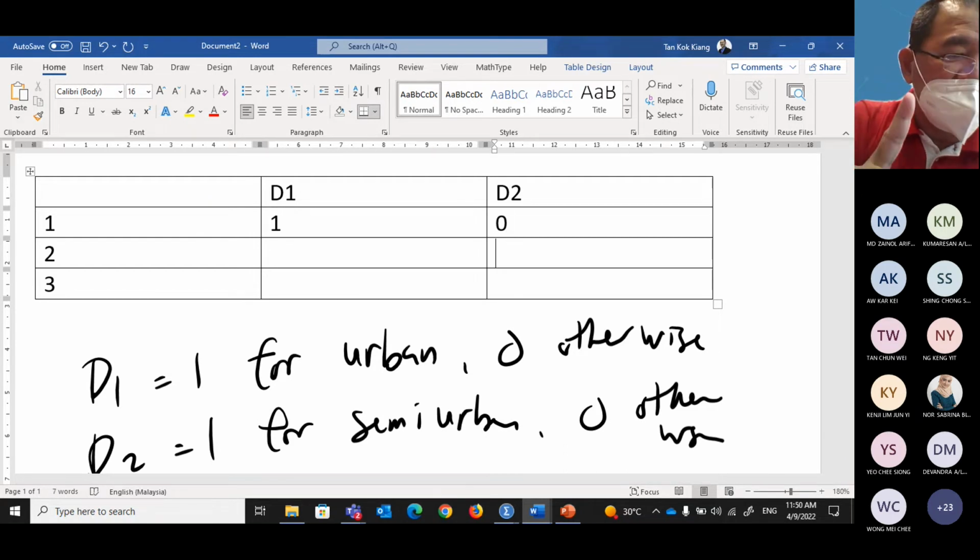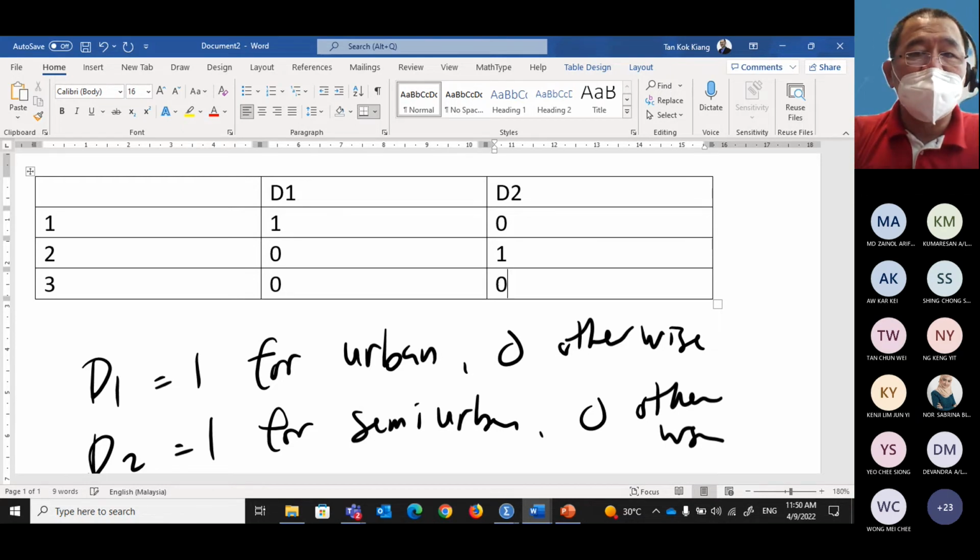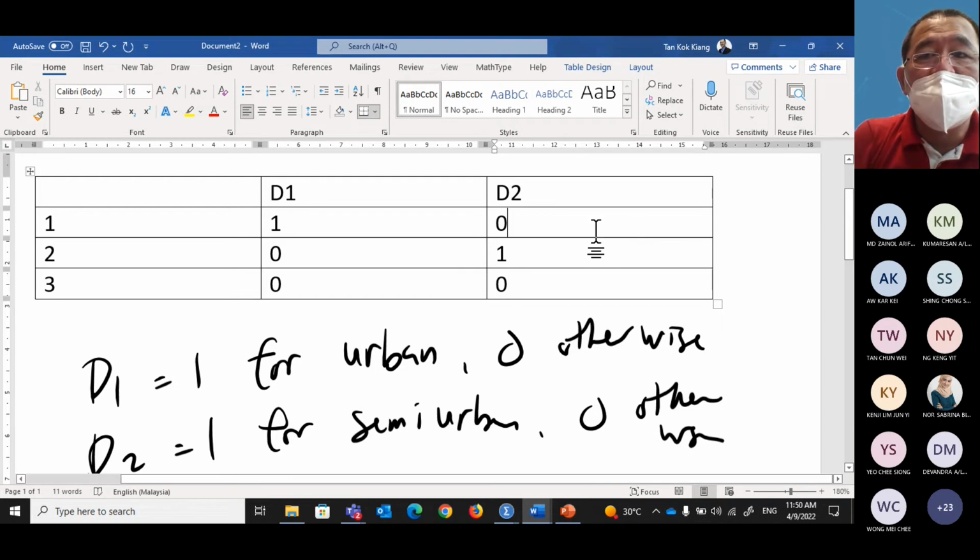Therefore, you know this respondent is from urban. Respondent number 2 can be 0, 1, therefore this respondent is from semi-urban. Let's say 0 and 0, therefore respondent 3 is from the rural area.